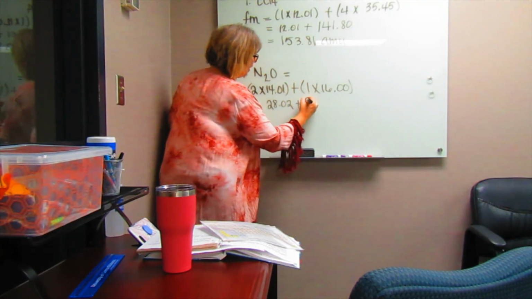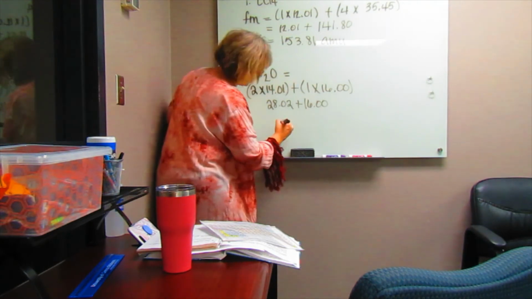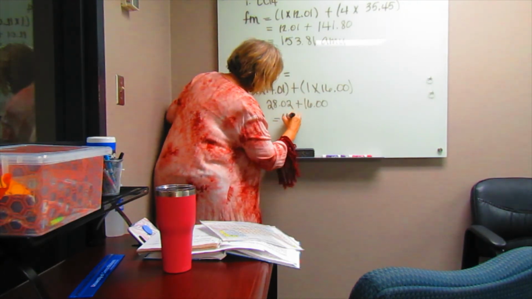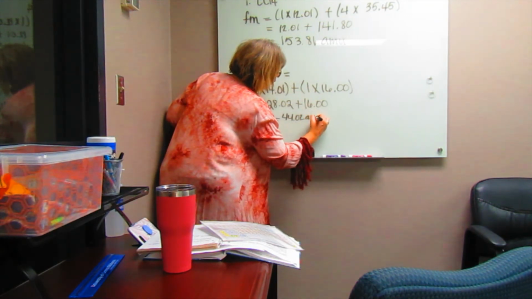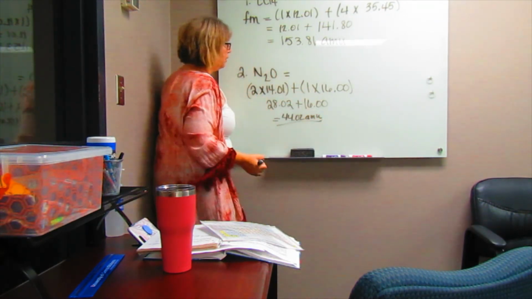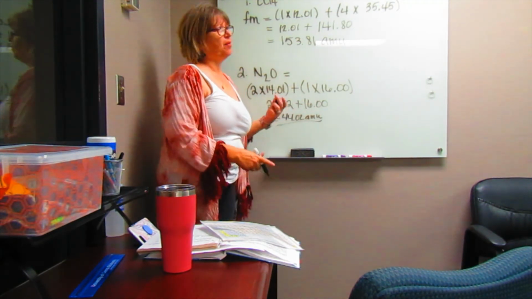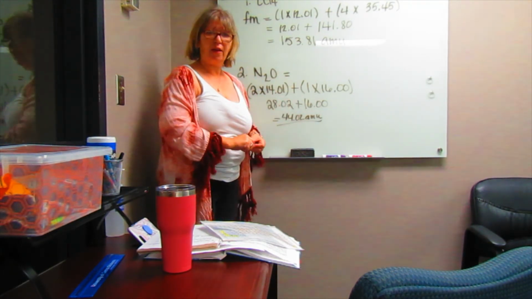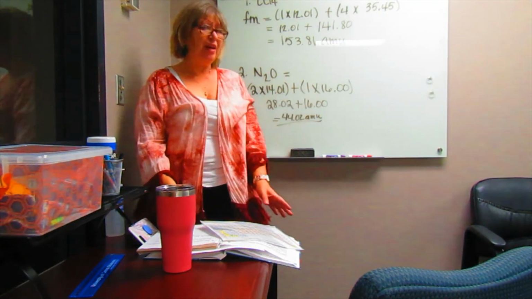We're going to add that to 16. And so that's going to give us a total of 44.02 AMU. Okay? All right, so formula mass is not that hard. Naming the compounds is not that hard. Just takes practice.